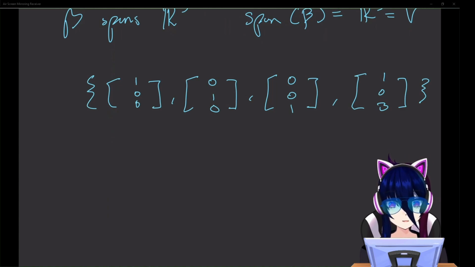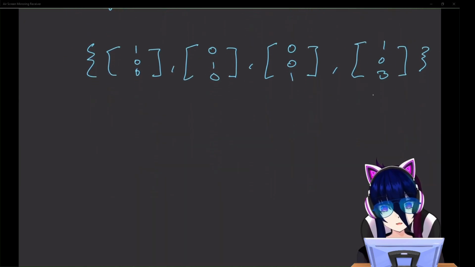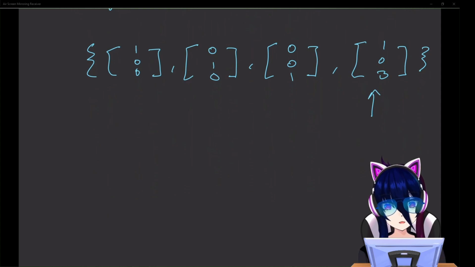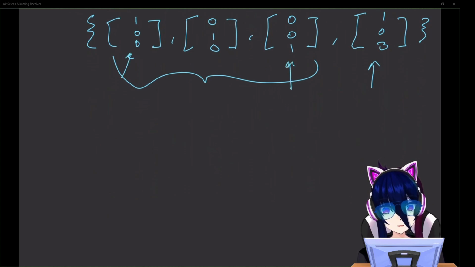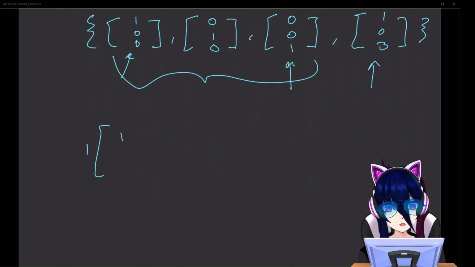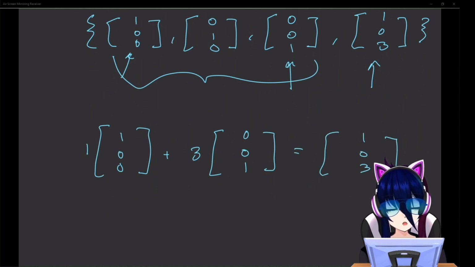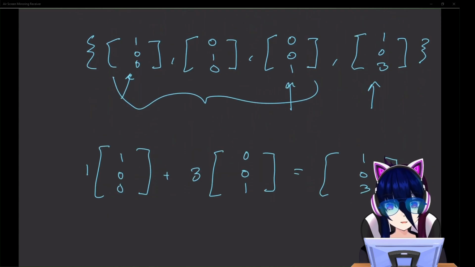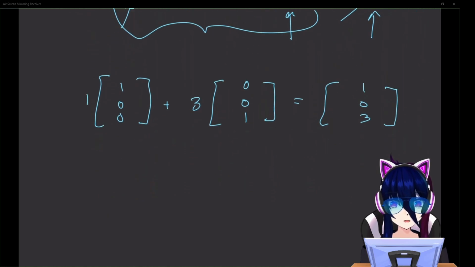Well, that is because we are no longer linearly independent, because this can be made through a linear combination of these things. If I go ahead and take my first basis term and my third basis term and say 1 times this plus 3 times this, 1, 0, 3. Therefore, this doesn't even need to be in our basis. And if we get rid of it, we have returned to linear independence.